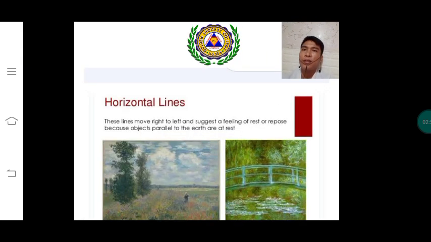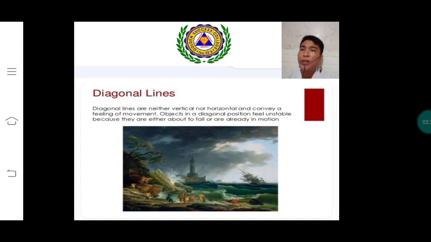Next is the horizontal line. This line moves left to right and suggests a feeling of rest or repose because objects parallel to the earth are at rest. So these are the horizontal lines. Next are the diagonal lines.